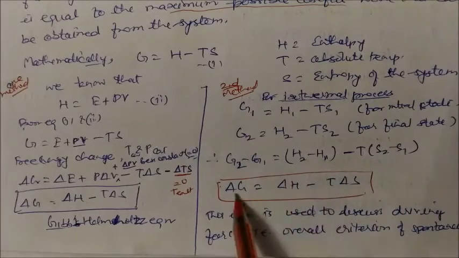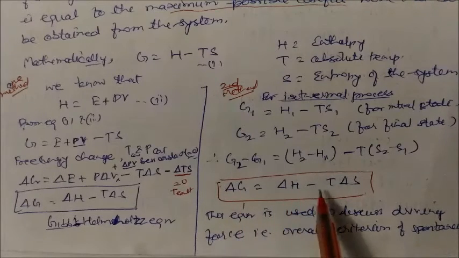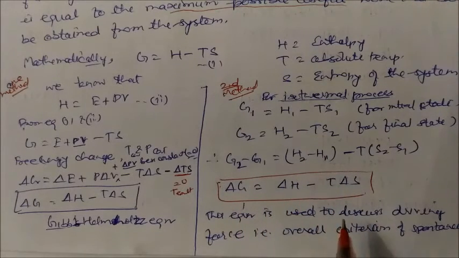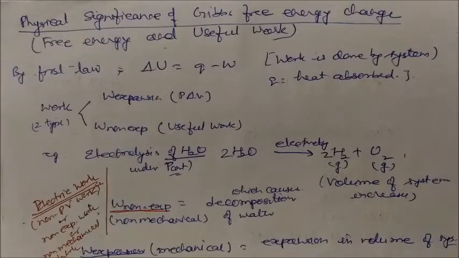So we can write delta G equals delta H minus T delta S. This equation is used to discuss the driving force. So what is the driving force? That is the overall criterion for spontaneity of a process. This delta G will decide the type of reaction, whether the reaction will be spontaneous or non-spontaneous.